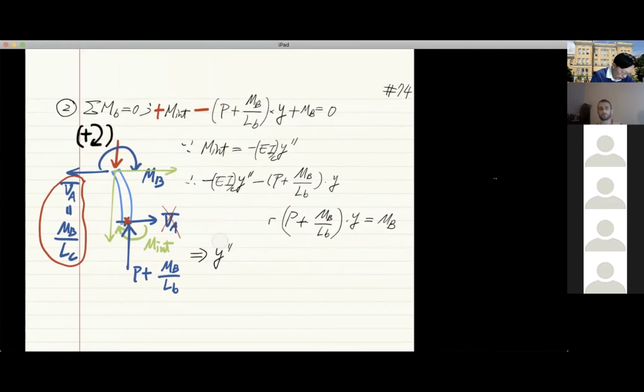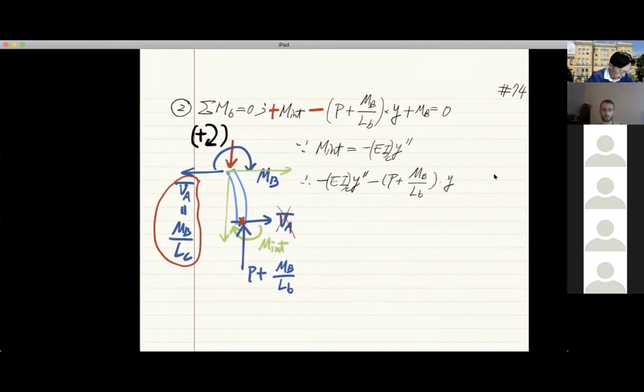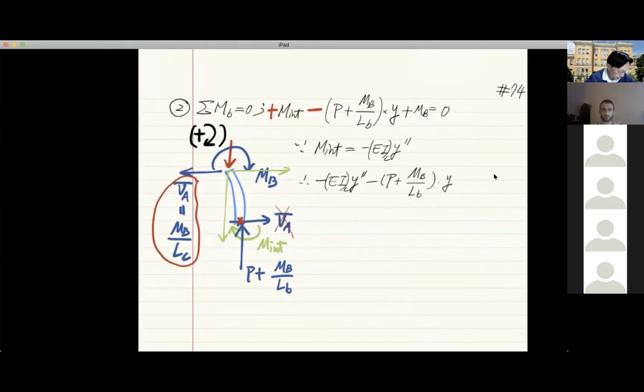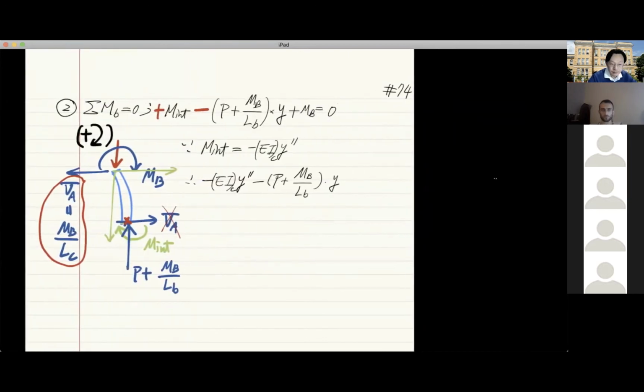So the moment equilibrium should be like this. We have this part, and then the moment produced by the force VA with respect to this red cross point, is it positive or negative? It will produce a counterclockwise moment, so it's going to be negative.